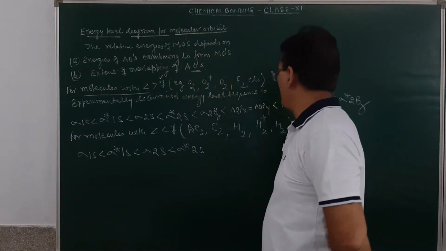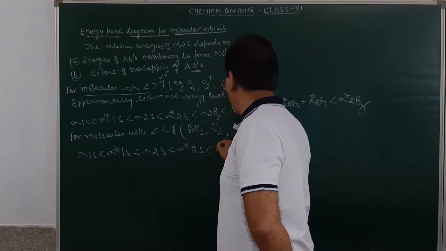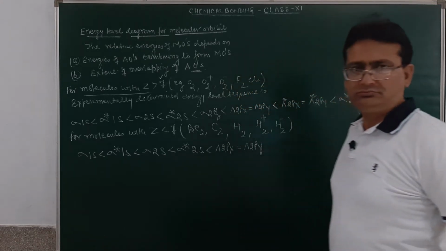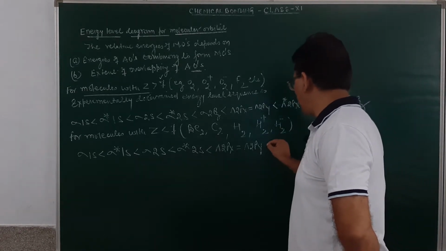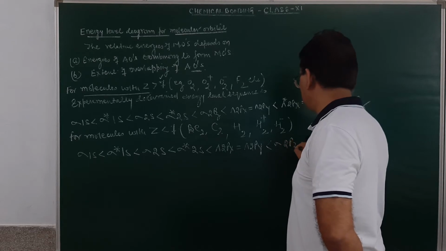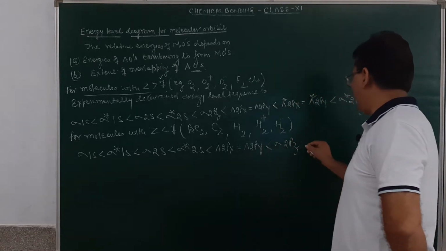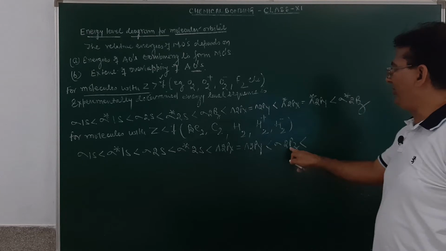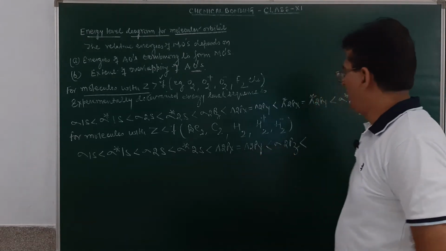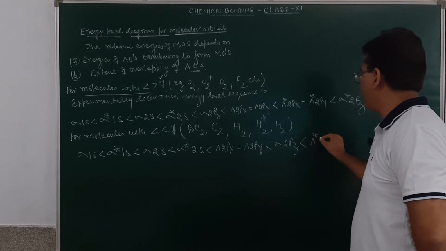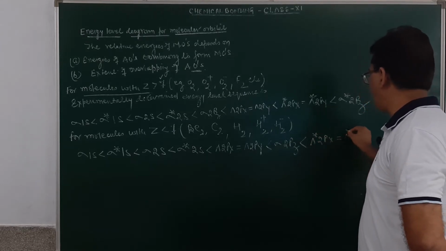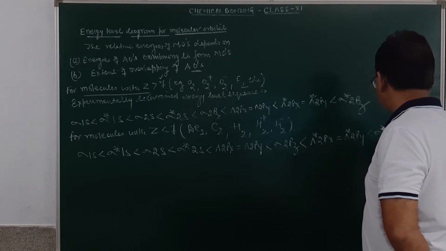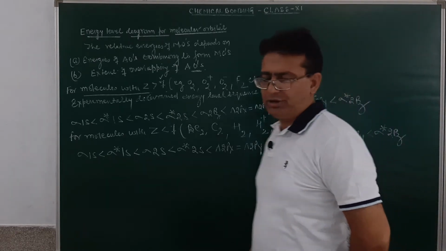But with Z less than 7, this will be less than pi 2px, which is equal to pi 2py, and then less than sigma 2pz, which is less than pi anti-bonding 2px, equal to pi anti-bonding 2py, which is less than sigma anti-bonding 2pz molecular orbital.